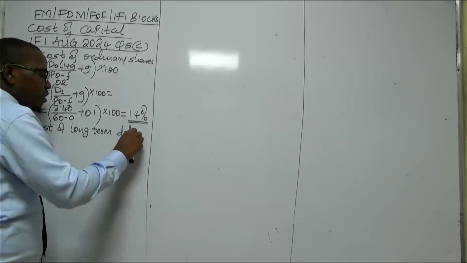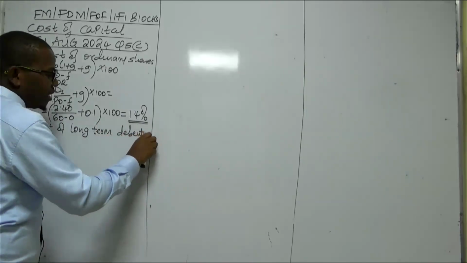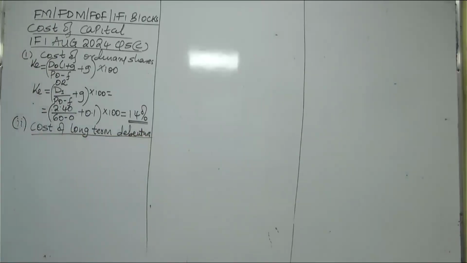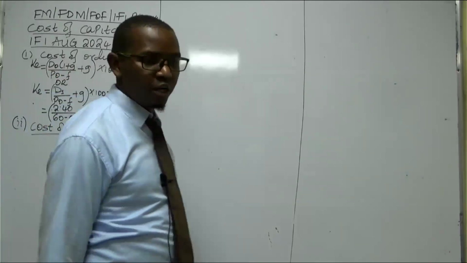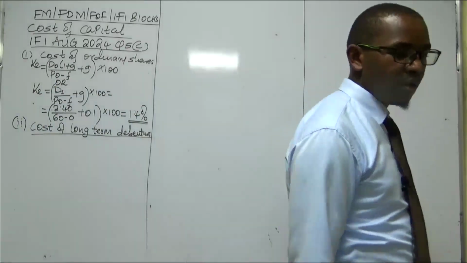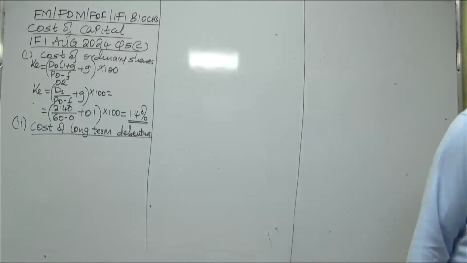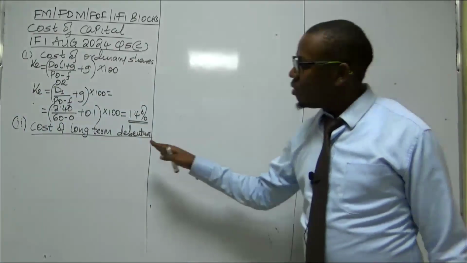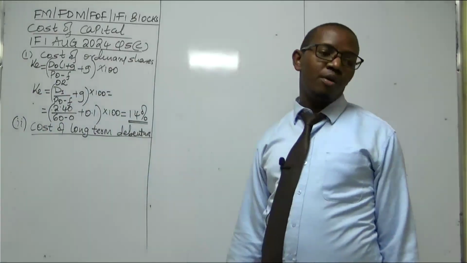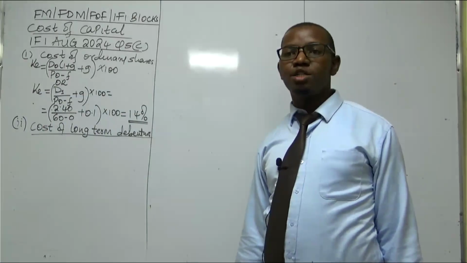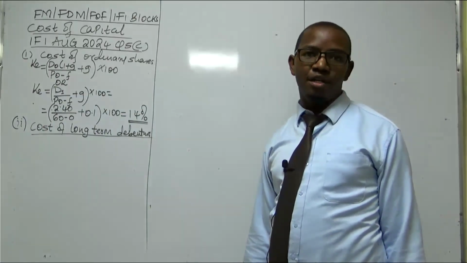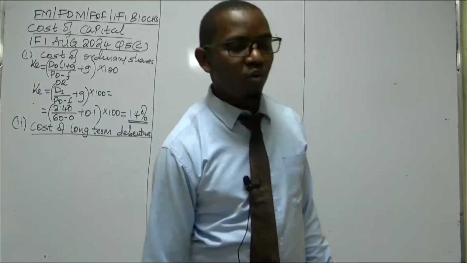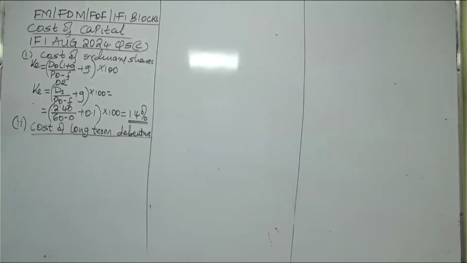Here, we said when you get the debentures, you have first to identify whether they are redeemable or irredeemable debentures. Looking at our case, we have been given that the debenture will have a maturity of 100 years. Meaning that what we are looking for is the cost of redeemable debenture, which is also what we call the yield to maturity.